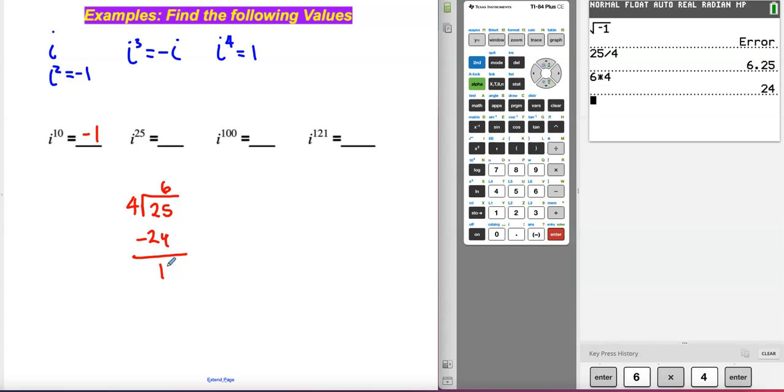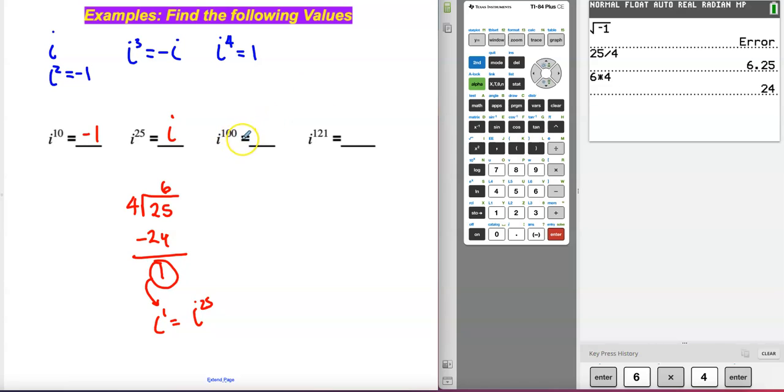That means you're going to use i to the first power, which is equivalent to i to the 25th power, using this remainder right here. This is the exponent that we're using. So i to the 25th power is just going to be i.